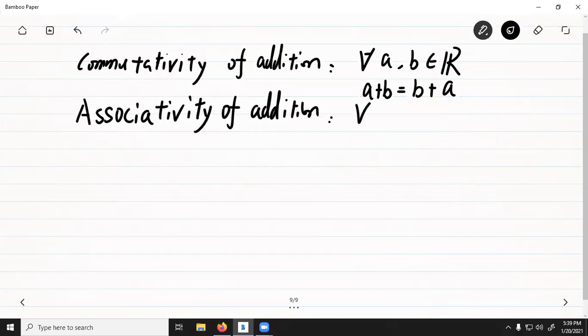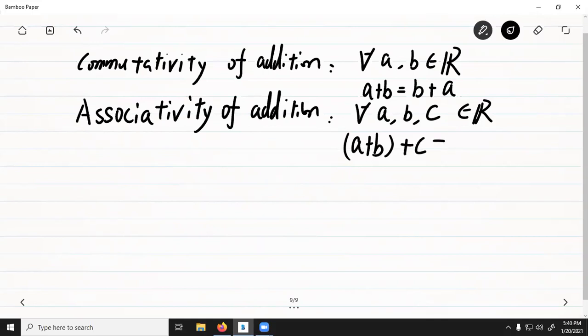That means for any three real numbers A, B, and C, A plus B, then plus C equals A plus B plus C. Okay, so yes, we can put the parentheses as we want.